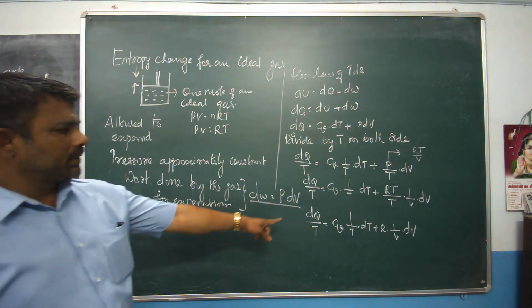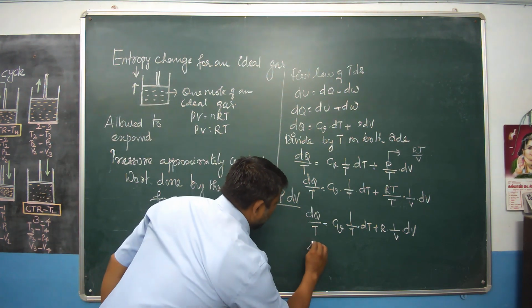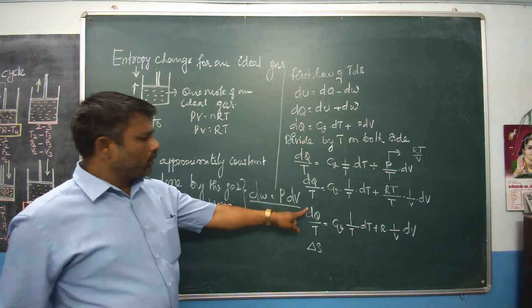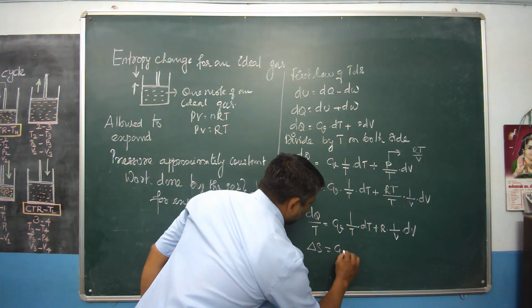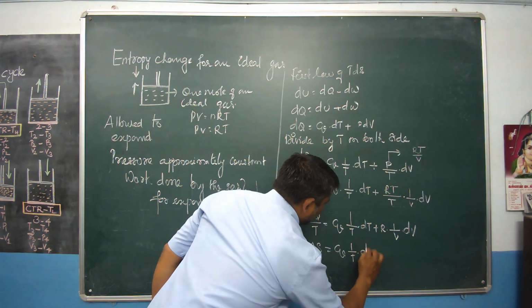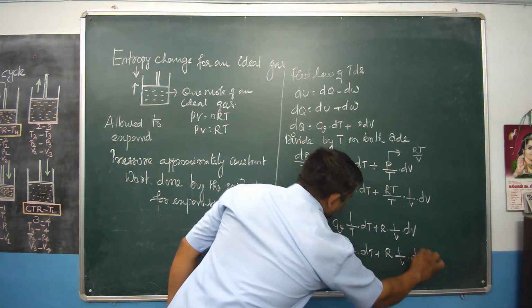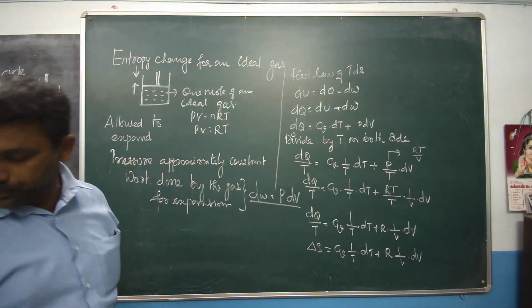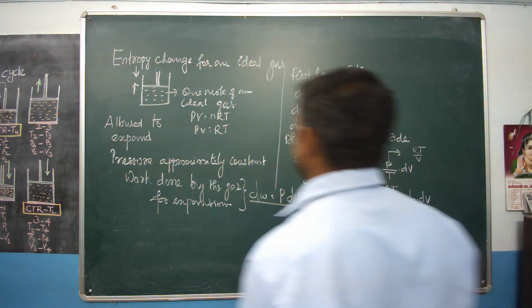dQ by T, this is from the second law of thermodynamics. Already we discussed it. This is dS. dQ by T is nothing but dS is equal to Cv 1 by T into dT plus R into 1 by V into dV. This is the differential form. Now I am going to integrate between the limits, initial to final.